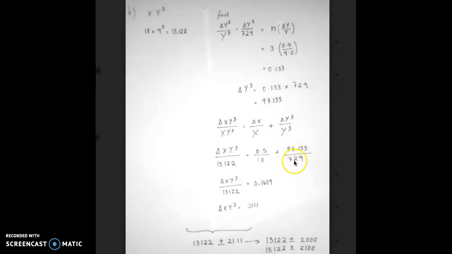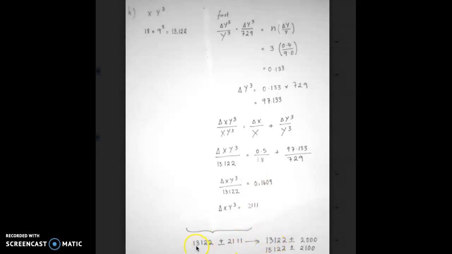So that's delta y cubed over y cubed, plus the uncertainty in x over x, 0.5 over 18, and that will be equal to the uncertainty in xy cubed over 13,122. So we just work that out, and we should end up with an answer of 2,111, which we can round to 1 or 2 significant figures. Quite frankly, if you get this far, I'll be very happy with that as a good start.